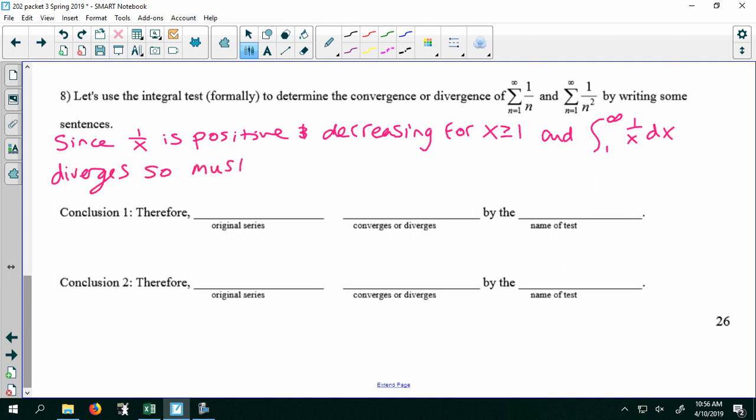So must the sum of 1 over n. 1 over x satisfies the correct properties, so the sum does what the integral does. So conclusion, therefore the original series, the sum from n equals 1 to infinity of 1 over n, diverges by the integral test.